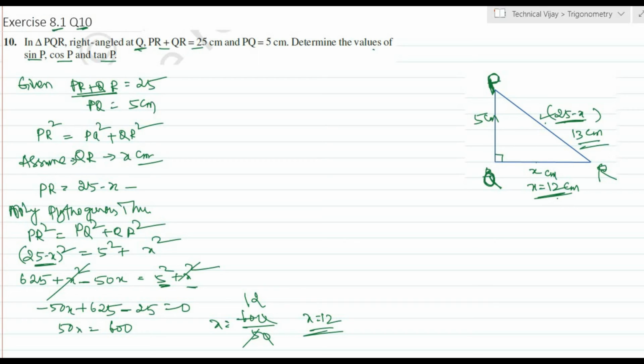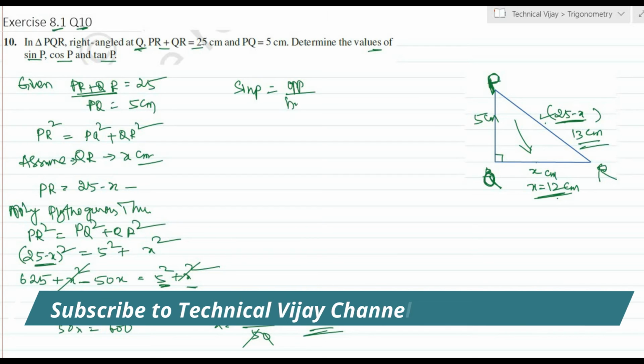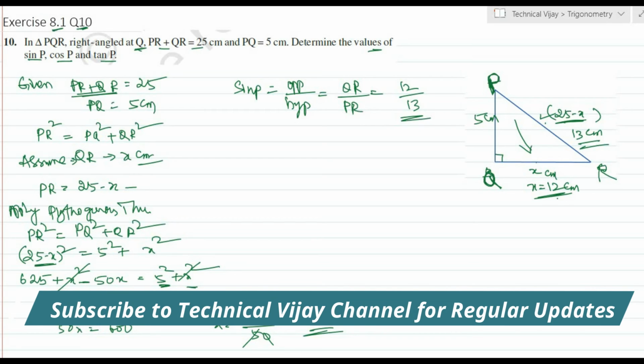So then we have to calculate the value of sin P. Sine of P, this is opposite divided by hypotenuse. So opposite means QR divided by PR. QR is nothing but 12 divided by 13. So cos of P is equal to adjacent by hypotenuse.